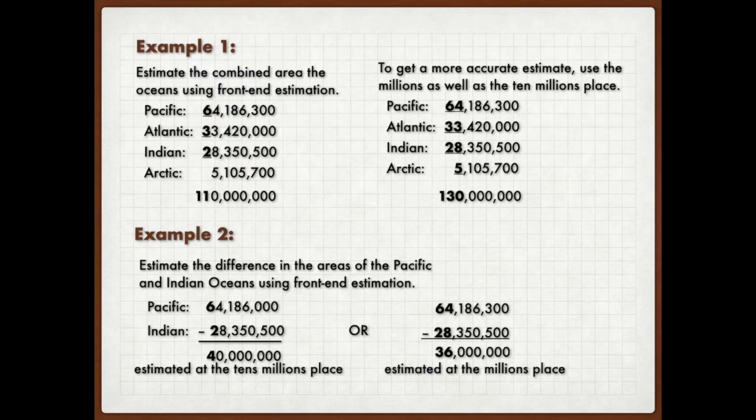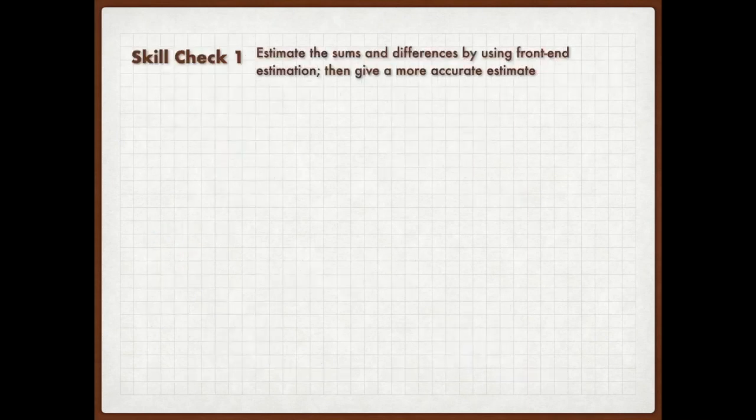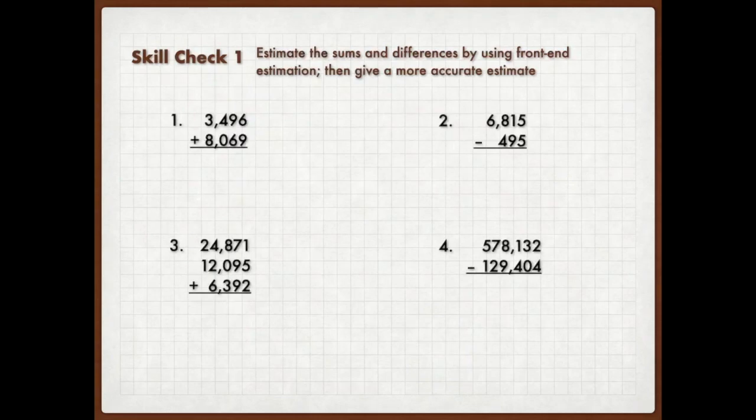If you have any questions about that, let me know. Remember, front end is not rounding, just looking at the first number. If it asks you to be more accurate or more exact, then you look at the first and second number. I want you to do this skill check. Do all 4 of these, just front end, and focus on just the first number.